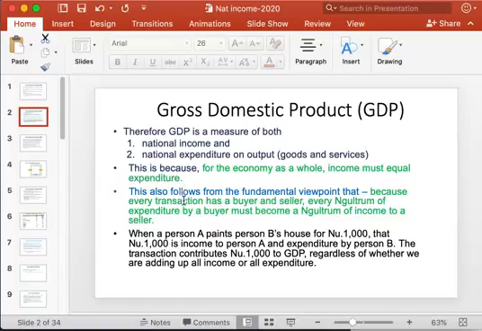And this also follows from the fundamental viewpoint that because every transaction has a buyer and a seller, every Newton of expenditure by a buyer must become a Newton of income to a seller.